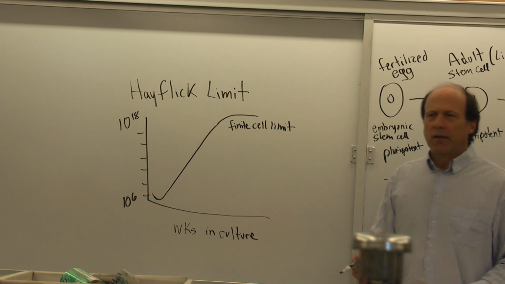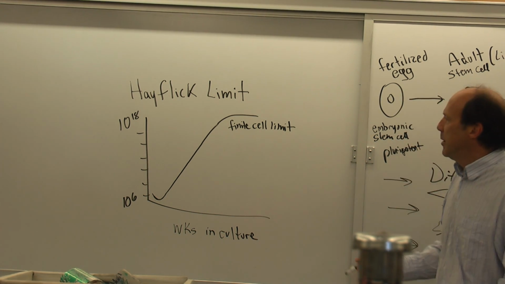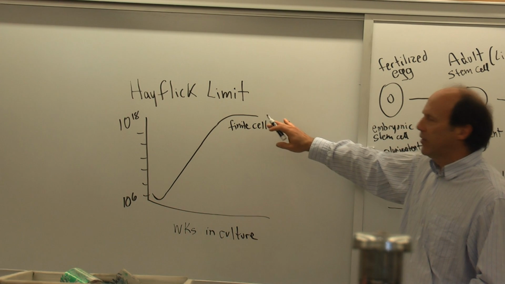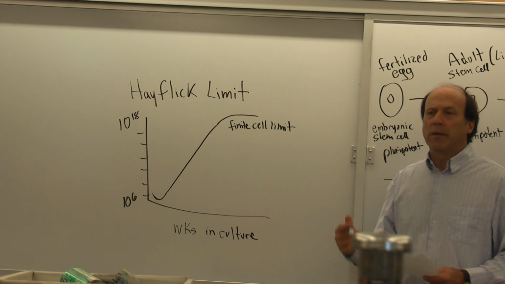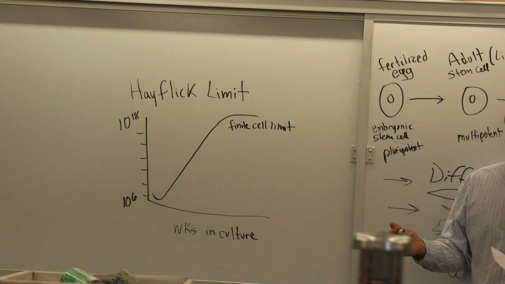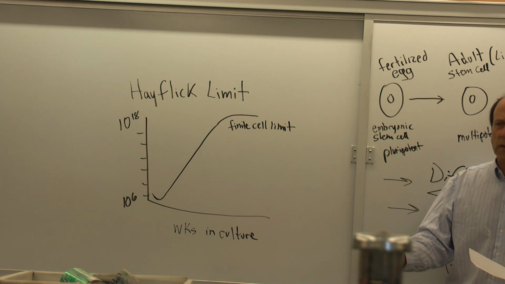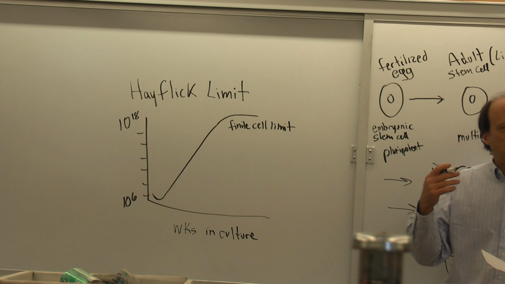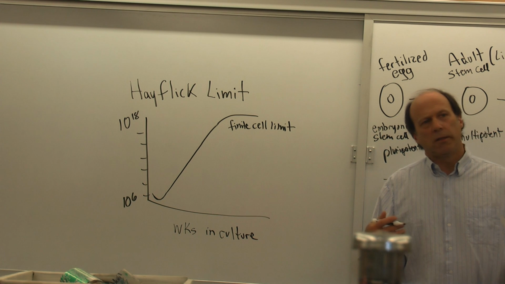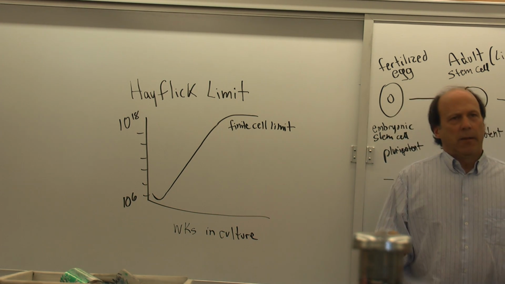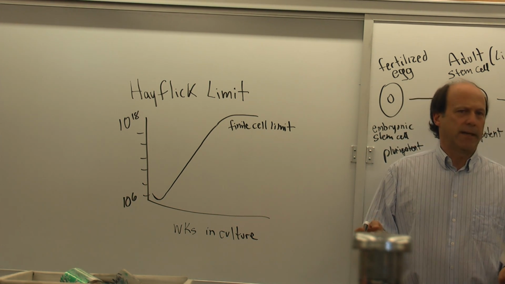But if you start to go more than that, you're going to start to approach this finite cell limit, depending on how dilute you make the cells, how many population doublings there are. So it's not chronological aging, but it's replicative aging. Kind of an interesting concept, right? Chronological aging is, well, this guy standing up here is good for maybe 80 years or whatever like that, right?